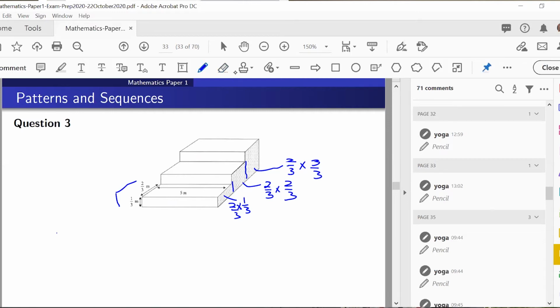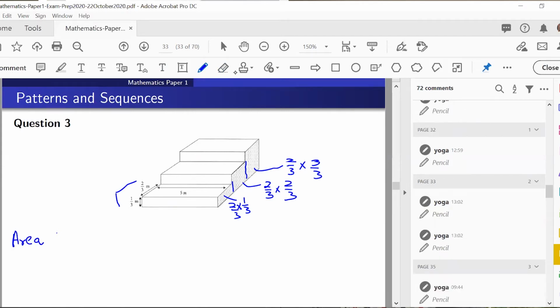The area of one side: the first block will be 2/3 multiplied by 1/3, followed by 2/3 multiplied by 2/3, because that would be the height of the second one.